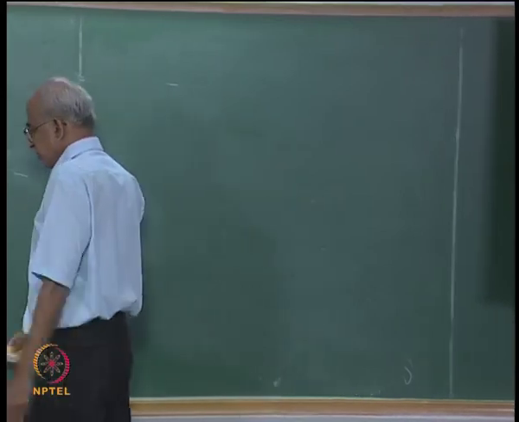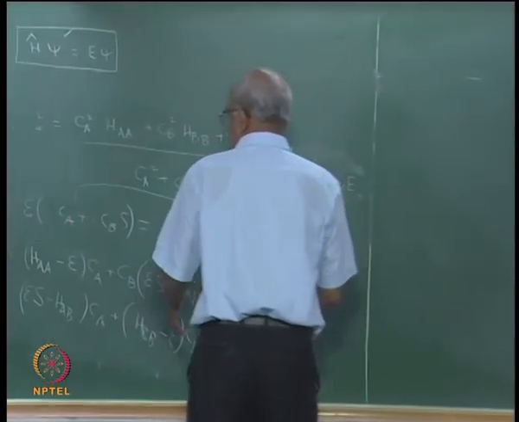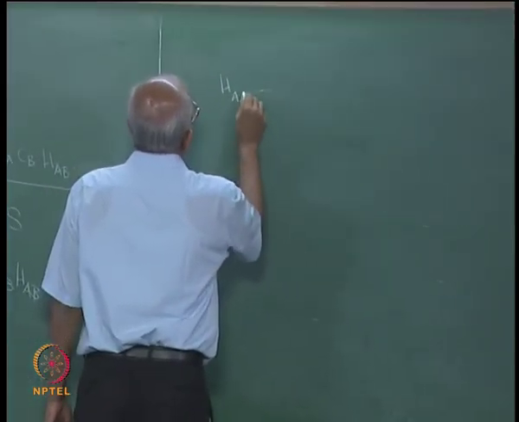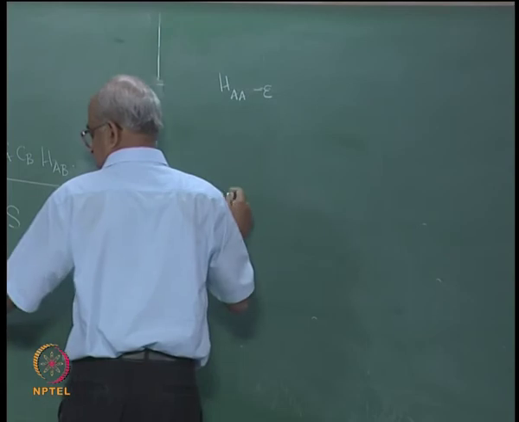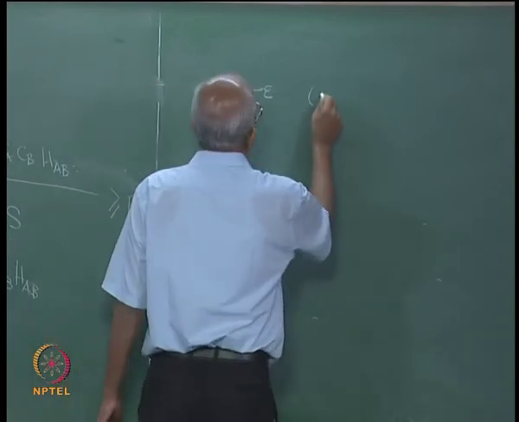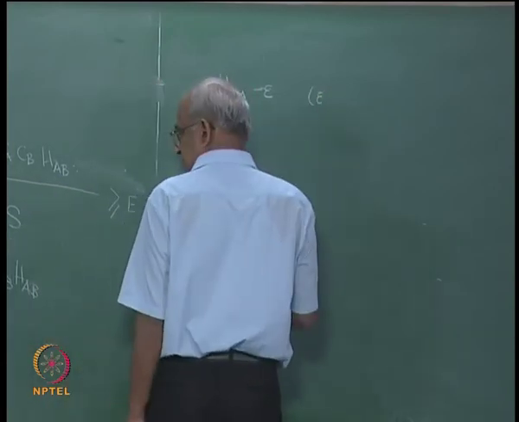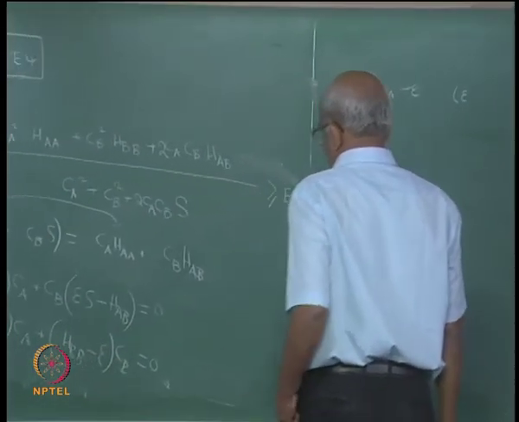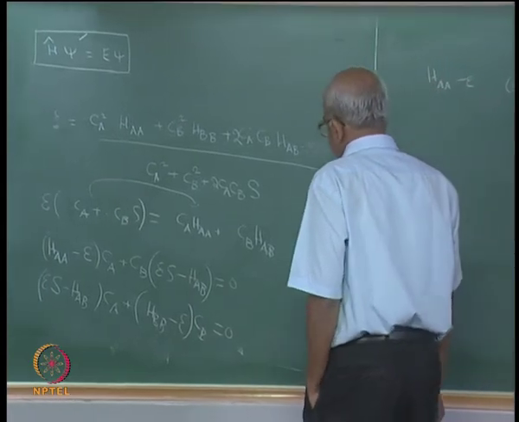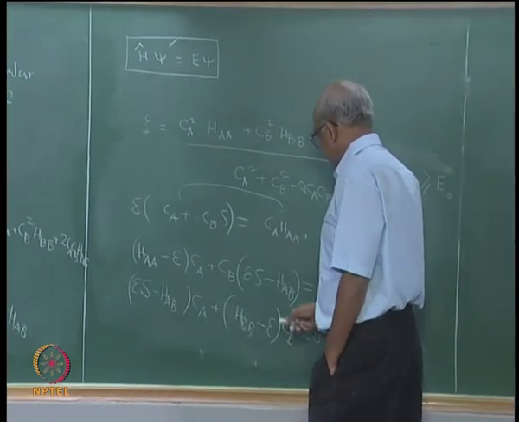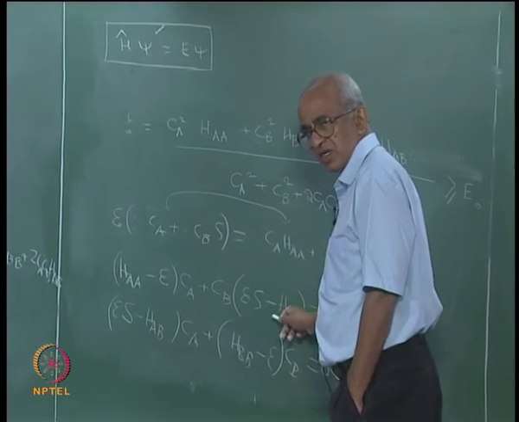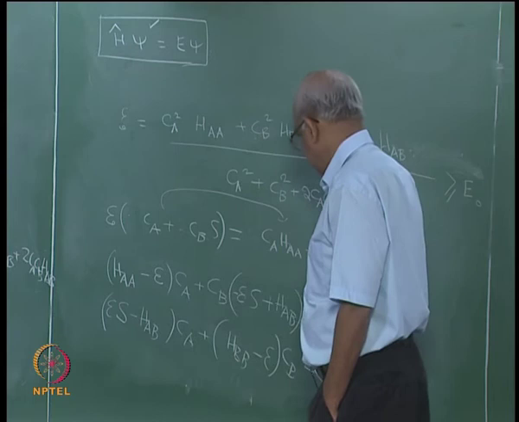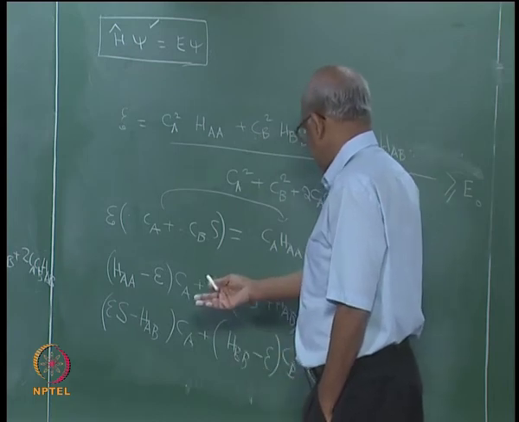This is an equation which I am going to write as if it is a matrix equation. HAA minus E epsilon A, okay, there is a mistake, the signs got reversed. This should have been plus and that should have been minus, and I suppose the same kind of thing has happened there.